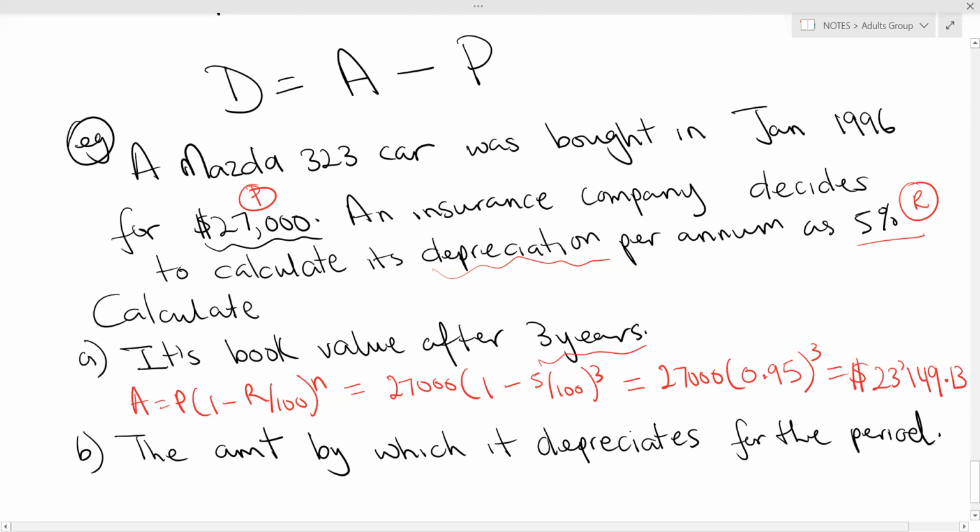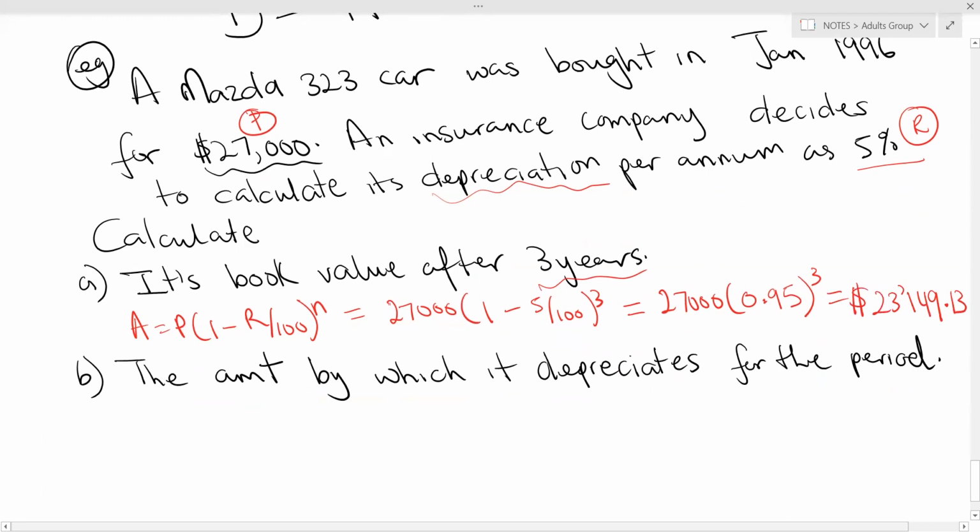And the amount by which it depreciates for the period, we know that the depreciation will actually be our principal minus our accrued amount or our book value, because remember this is depreciating, so this will be less than our principal, right?